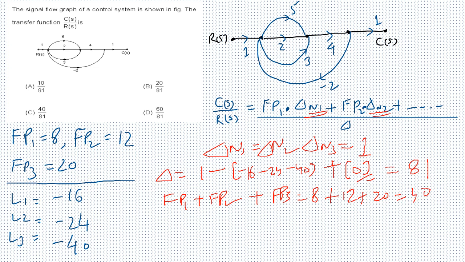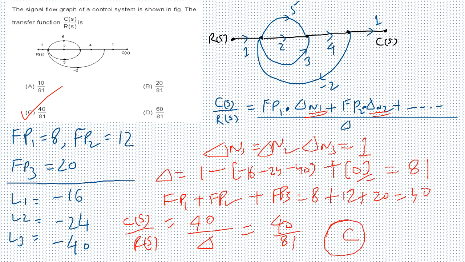So the transfer function C(s) over R(s) equals this sum, which is 40, over delta, so it will be 40 over 81. This is going to be option C. If you see here, it is option C, so option C is the correct option for this question.